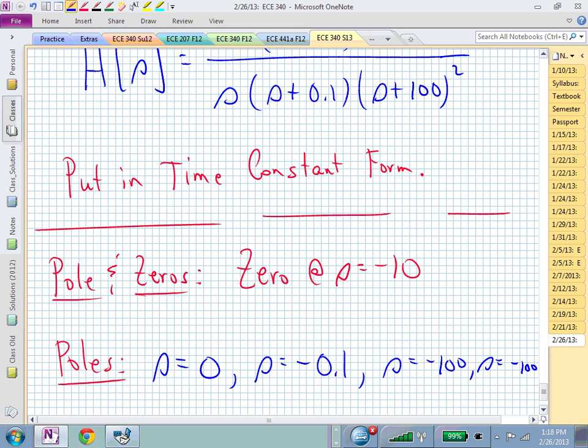And that's now our pole-zero pattern. Can you visualize that pole-zero pattern in the complex s-plane? So I should have a zero, a pole at the origin, a pole at minus 0.1, a pole at minus 100, and a pole at minus 100.